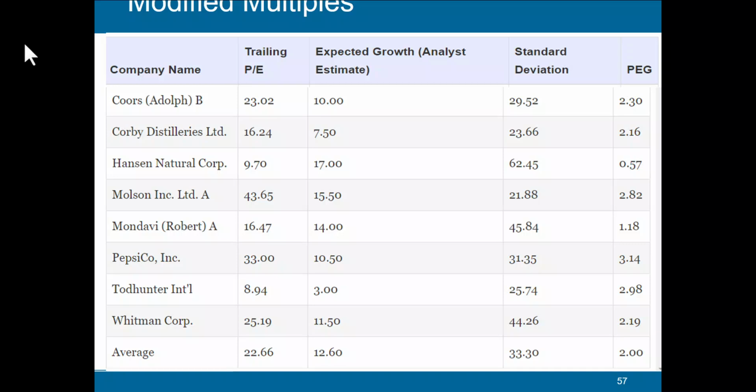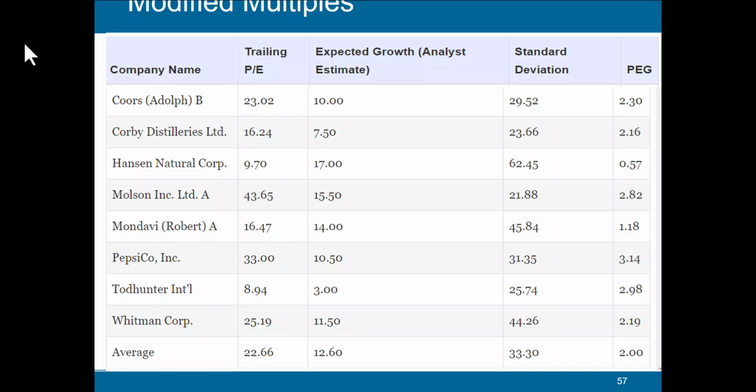Now tell me, PepsiCo, is it expensive? The PEG is 3.14 and the industry PEG is 2, so it is expensive. In terms of riskiness, it is slightly below average risk because the standard deviation is 31. Remember, the PEG ratio is 2 and the average standard deviation is 33.